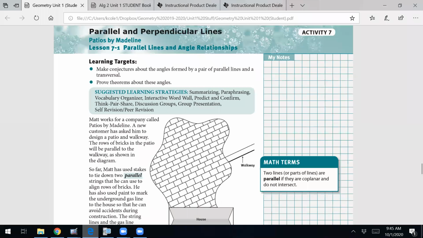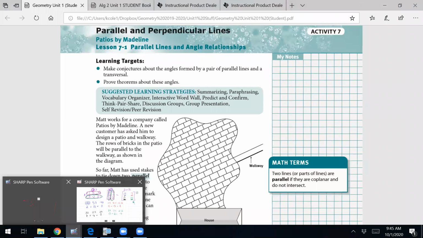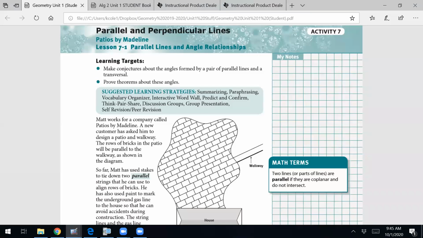You can see our learning targets say, make conjectures about the angles formed by parallel lines and the transversal. Prove theorems about these angles. Okay, so we're going to be dealing with parallel lines.